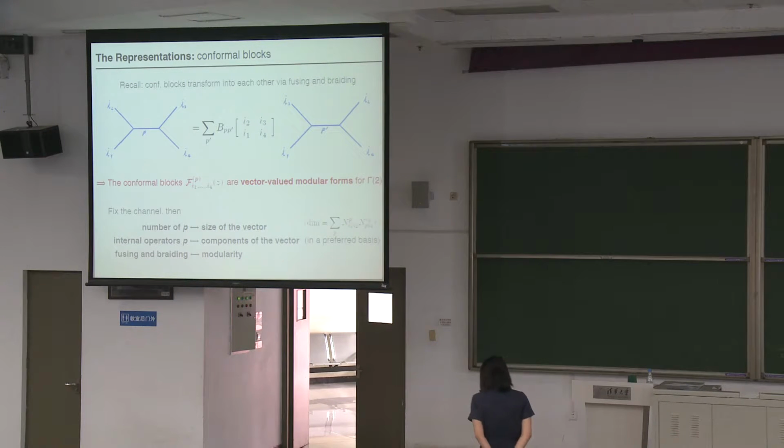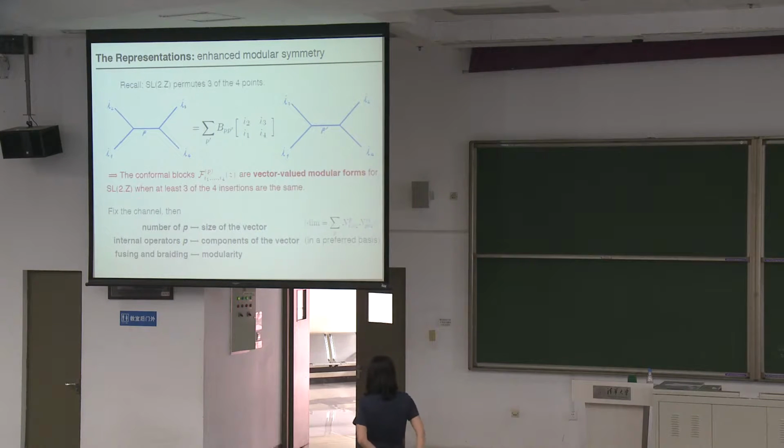And remember the fact that if we like SO2Z better than gamma 2, we have to allow for permutation of 3 of the 4 points. So it just says that once you have at least 3 of the 4 insertions being identical, then you have enhanced modular symmetry.